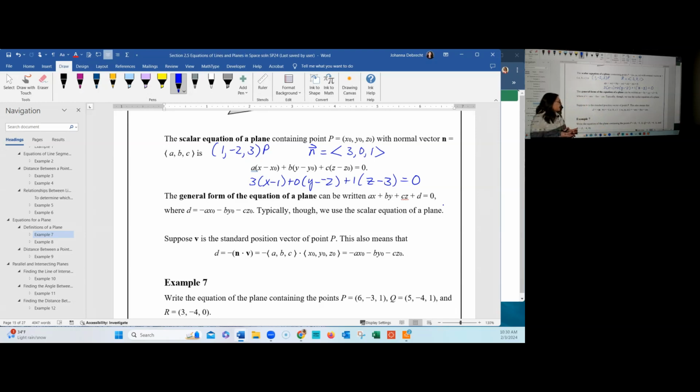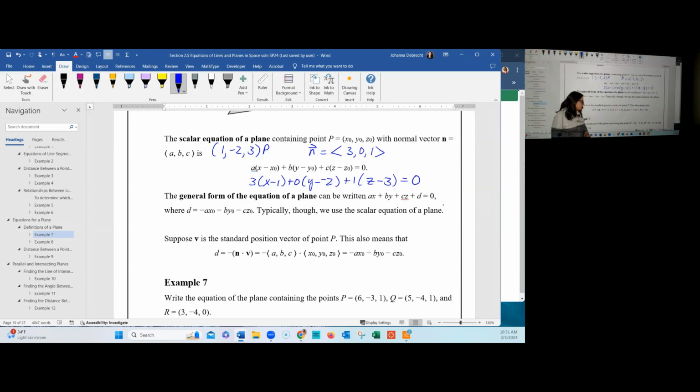So if we look at that, and we're trying to visualize what this looks like, then D actually turns out to be the opposite of the dot product of the normal vector with the standard position vector of point P. So this gives us this representation of all the constants in the scalar equation combined together into one particular point.